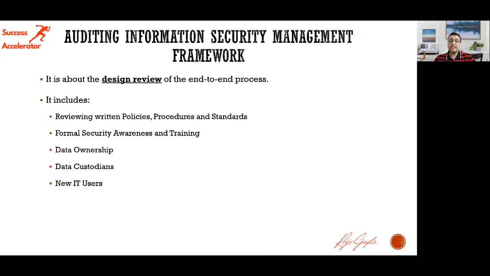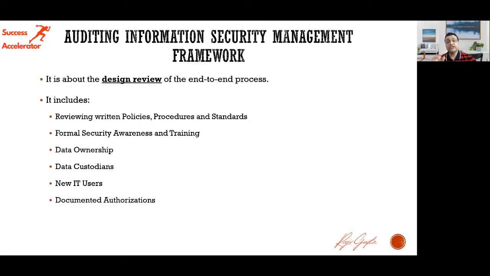New IT users, as I said earlier, their security awareness and training has to be well defined. Sign off has to be taken that they are giving a declaration that they will comply with the end user accepted use of information systems.